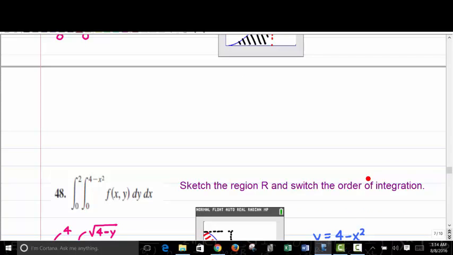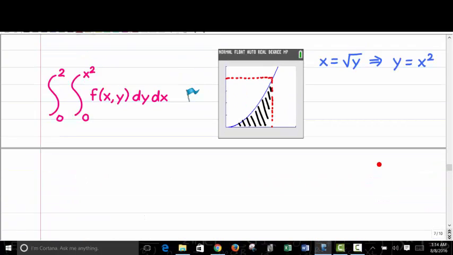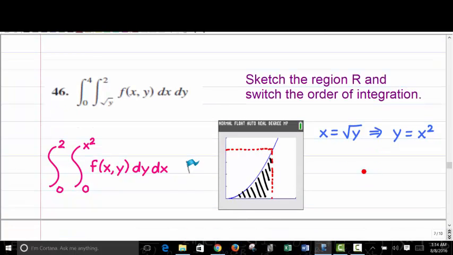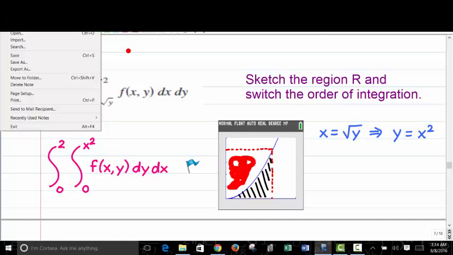Let me mention what it would have looked like if it was the other order. It would have looked like this. Going left to right to represent this region right here, I'll just shade it like that.